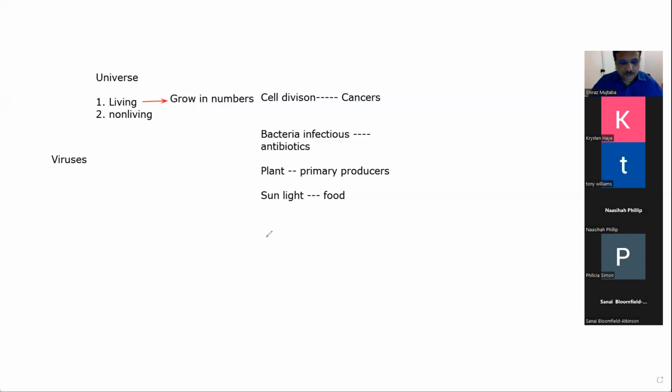Now, we covered viruses and bacteriophages. Now the organisms, specifically focusing on the living organism, right? So what is biology? Biology is the study of living organisms or the study of life, right?